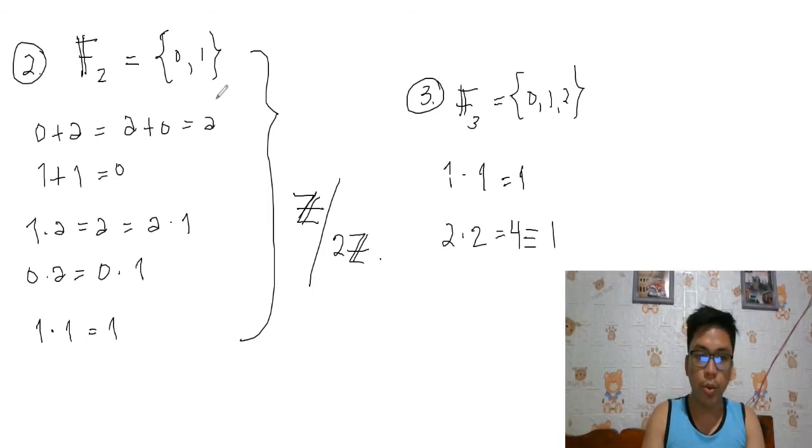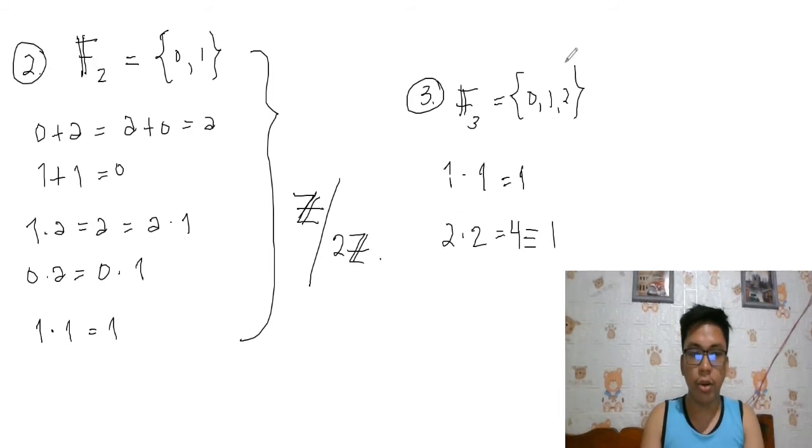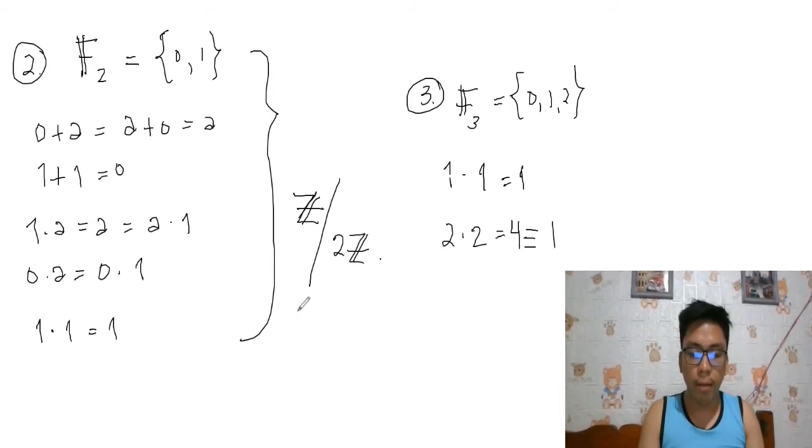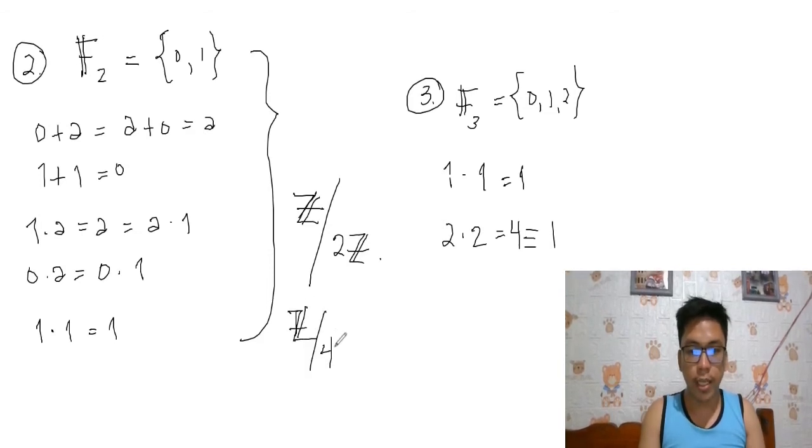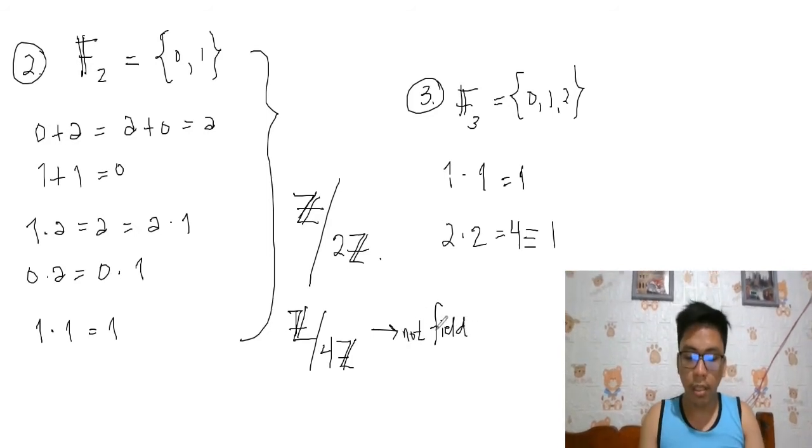Okay, so we have shown that F2 and F3 are finite fields. Let's check this one here: Z mod 4Z, or technically that's F4. This one here is not a field. Why?